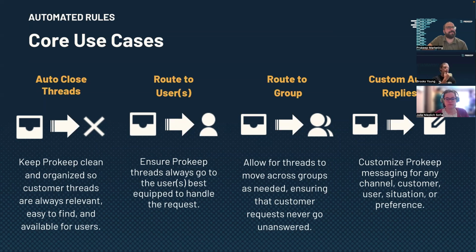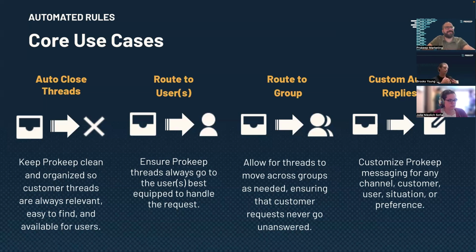The next one here is routing to certain users, right? You all probably have some VIP customers out there that only want to talk to Bob at the counter, right? They refuse to talk to anybody else. This one is built for that. If a customer does text in, you can create that rule that, if Jimmy always wants to talk to Bob, great, let him.